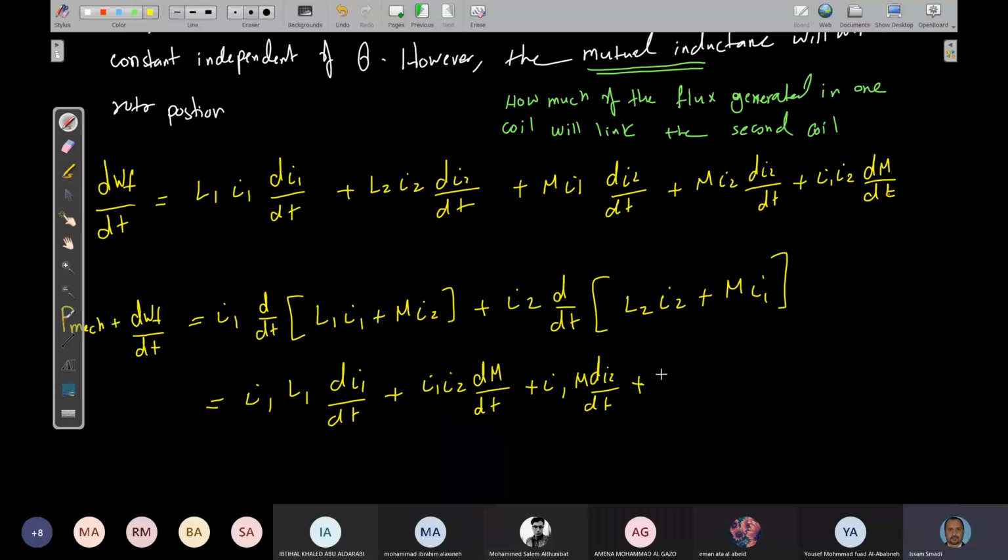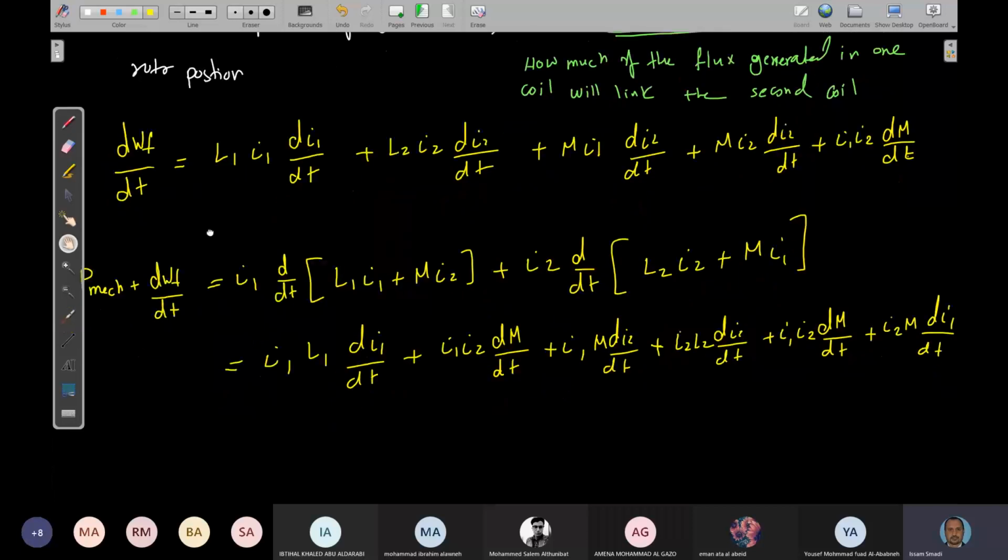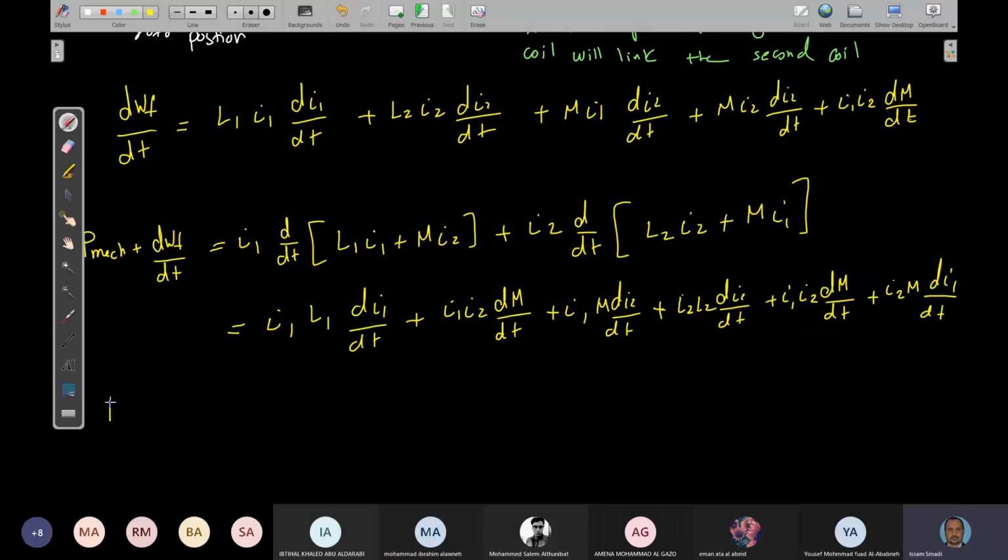This will equal I2 L2 dI2 by dt plus I1 I2 dM by dt, and finally I2 M dI1 by dt. So calculating the mechanical power now is very simple.